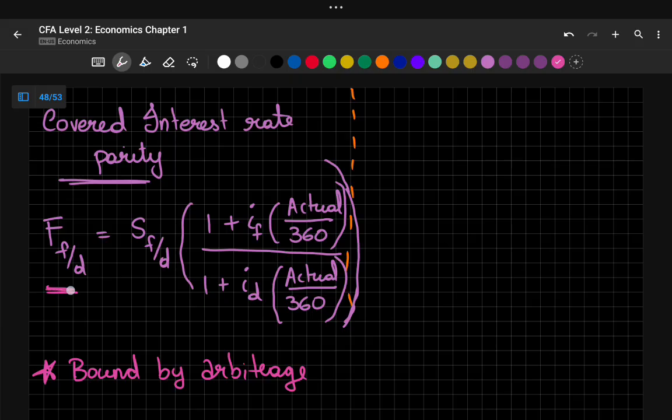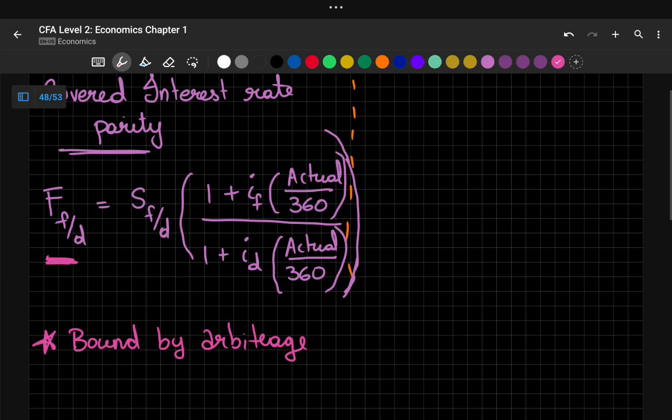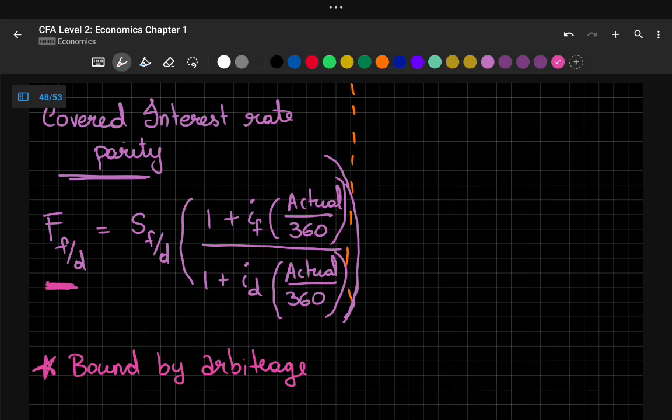So this is a rate at which arbitrage profit cannot be made. If the market price fluctuates from this, then arbitrage profit would be possible, and the investors and traders will quickly trade, make a riskless arbitrage profit, and the price will come back again to this forward rate. That's why covered interest rate parity is bound by arbitrage.